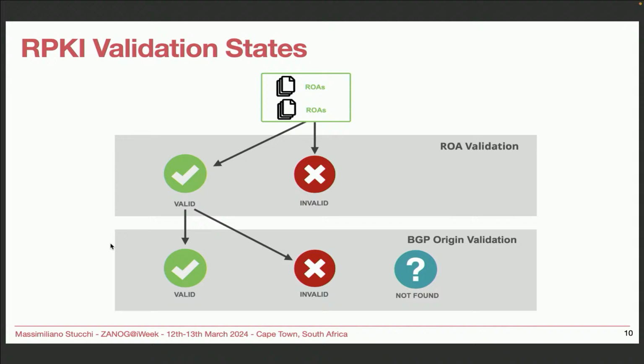But we will not focus on that. We'll focus on the BGP validation part. A BGP update can be valid, not found, or invalid according to RPKI. And then if things are configured well, we should be discarding all the invalid ones. But what do we do with the valid and not found?